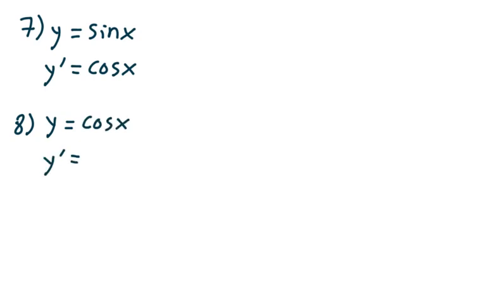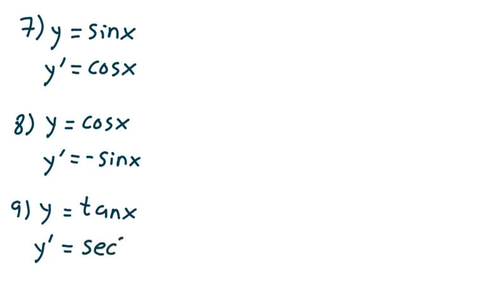Y prime is negative sine x. Number 9. Suppose y equals tangent x. Y prime is equal to secant squared of x. So these are the derivative of the 6 trigonometric functions.